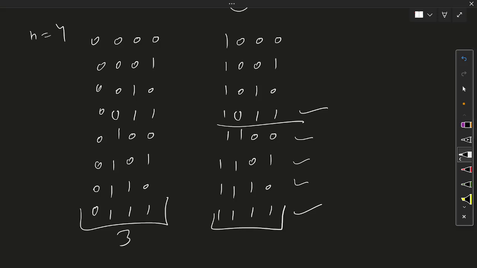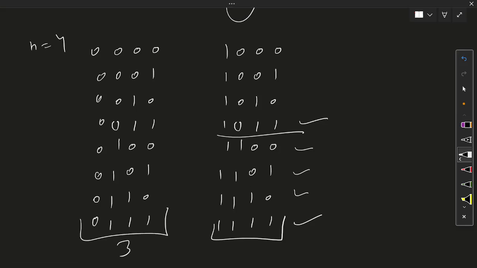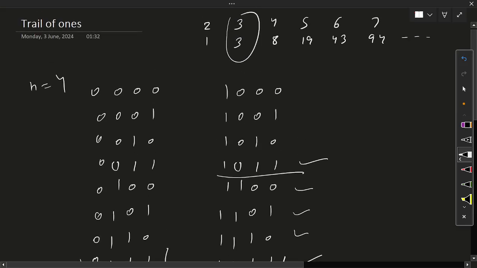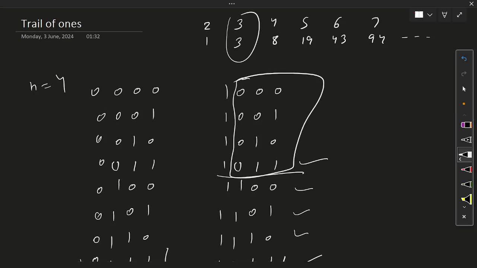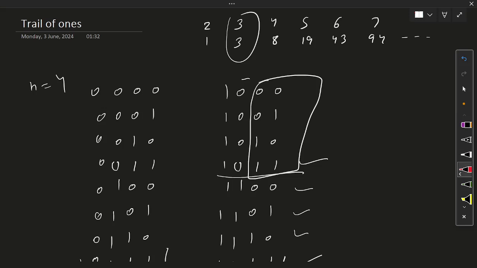I have divided this into two portions. I will tell you why. If you observe, this is a set of 3, but I have written 1 in front of them, and this is a set of 2, but I have written 0 in front of them. So this is a set of 3, and this is a set of 4.